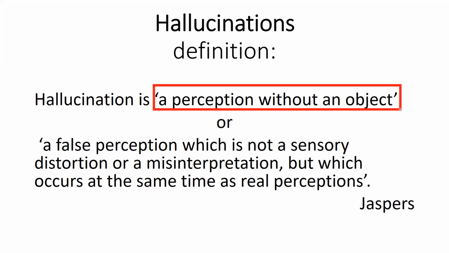He says that the false perception is not a distortion or misinterpretation. Hallucination occurs at the same time as the real perception. So it's the inability to distinguish reality from fantasy. In this case, we have a hallucination.